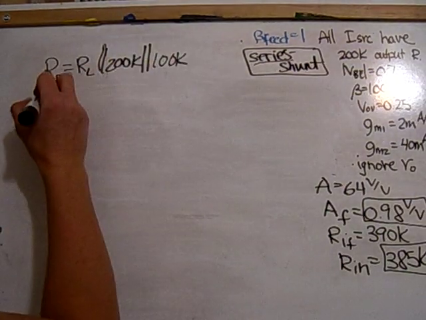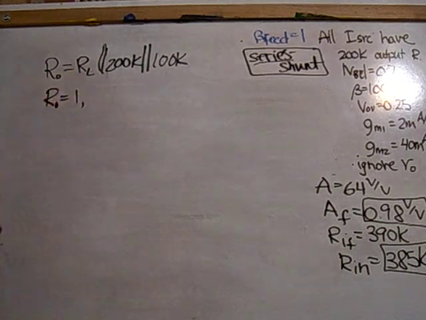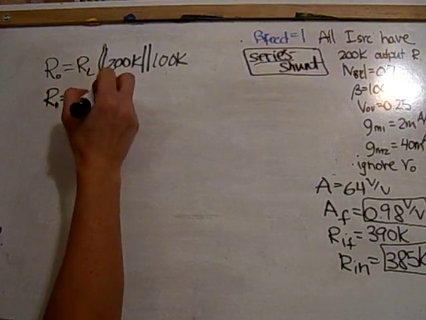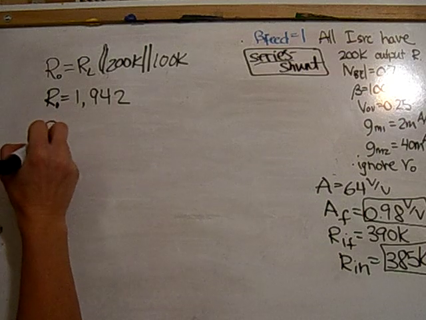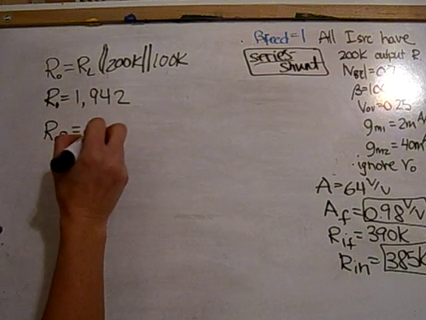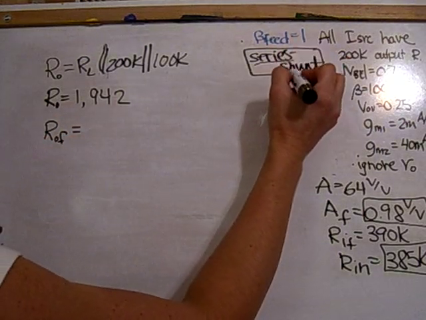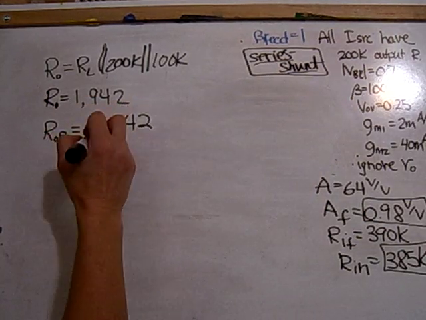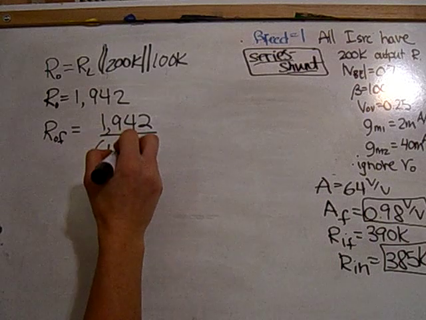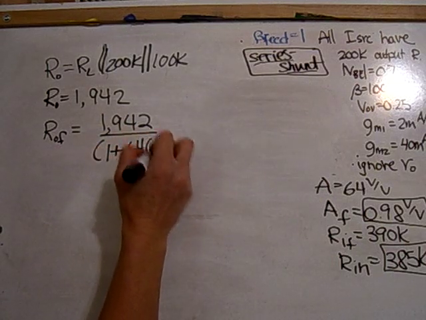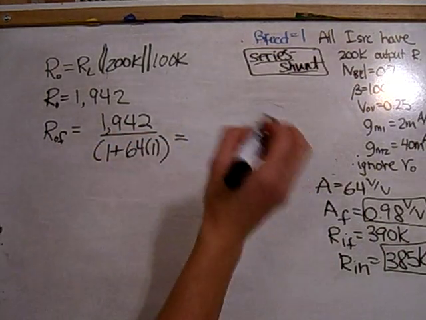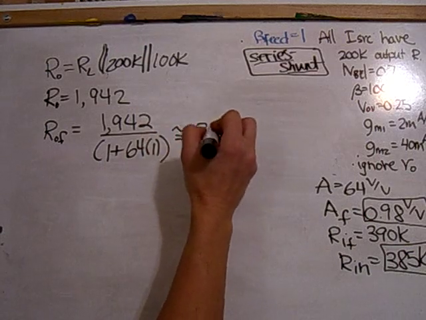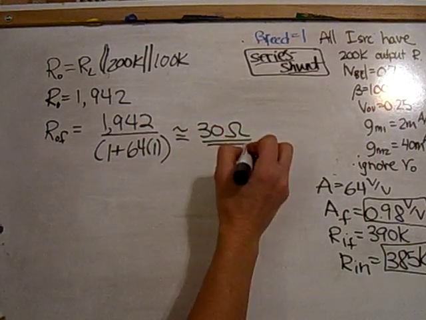And that was a value of 1,942. And ROF is on this side a shunt, so you have to divide by the amount of feedback. So that's approximately 30 ohms.